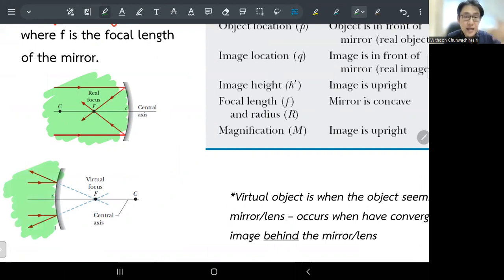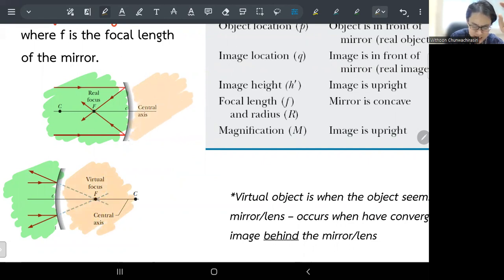So that means if you are going to get a real image, it has to show up in front of the mirror. You guys with me with this? You will never be able to get a real image behind the mirror. It's impossible because there's no light behind the mirror, guys.